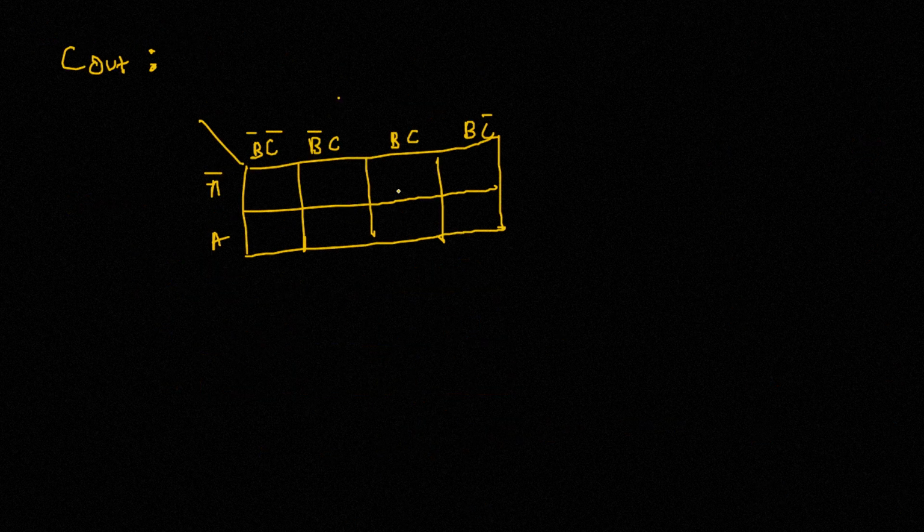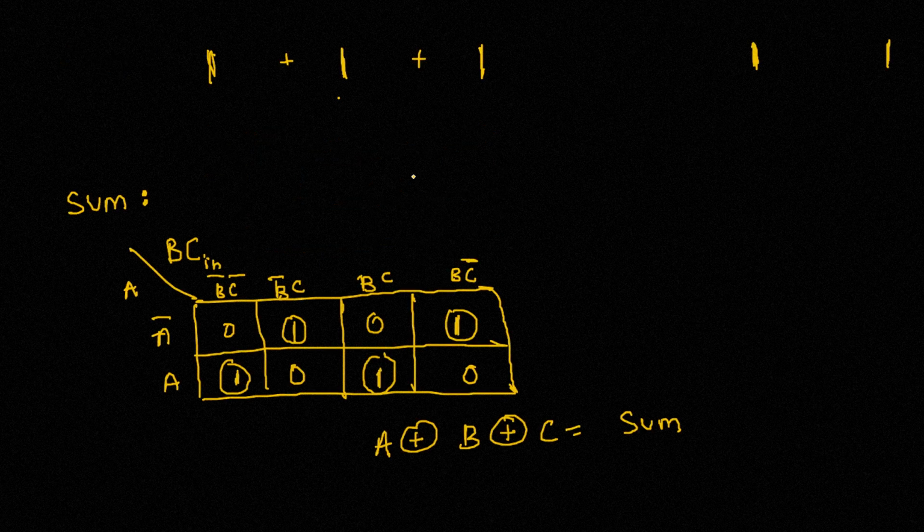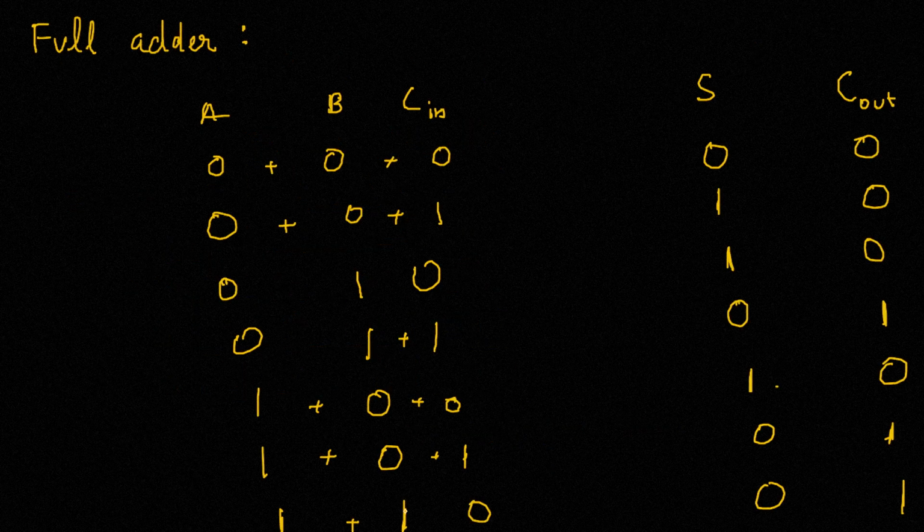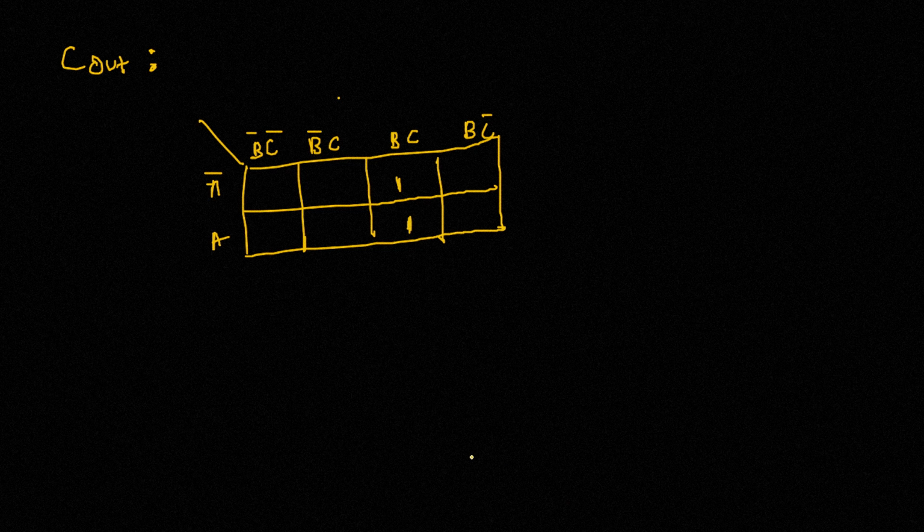A complement and BC is 1. And of course, A, B, C is 1 too. And then we have a 1 for A, B complement C and A, B, C complement. So for A, B complement C, we have a 1, and for A, B, C complement, we have another 1.